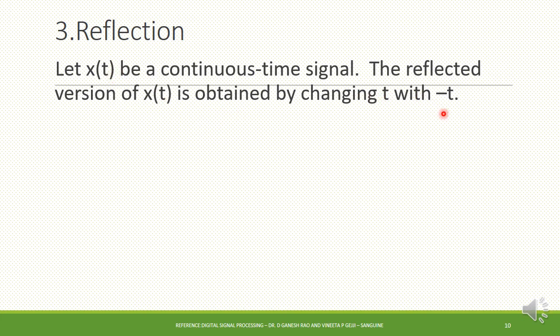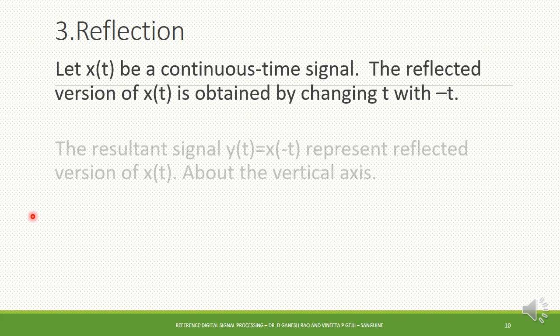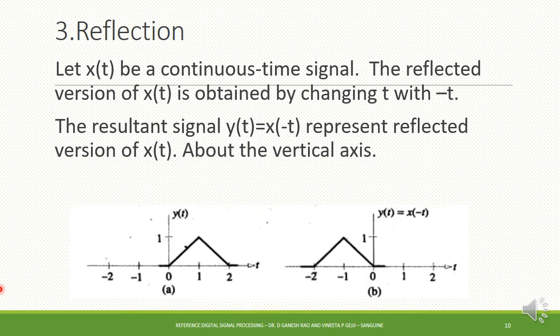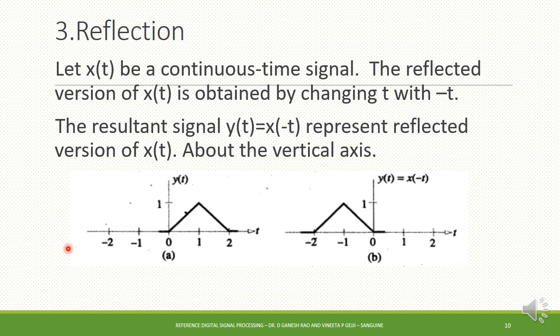So the resultant signal y of t is equal to x of minus t, which represents the reflected version of x of t about the vertical axis. Here you have the figures. This is x of t and this is y of t equal to x of minus t.